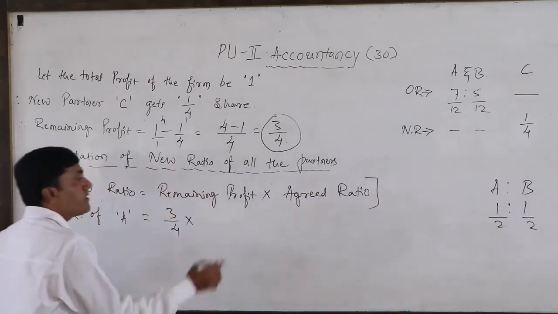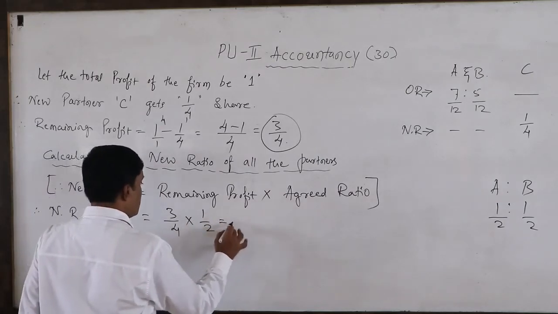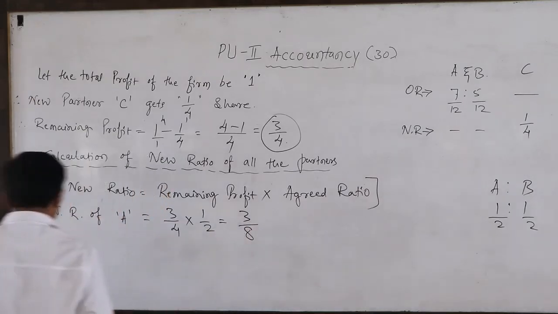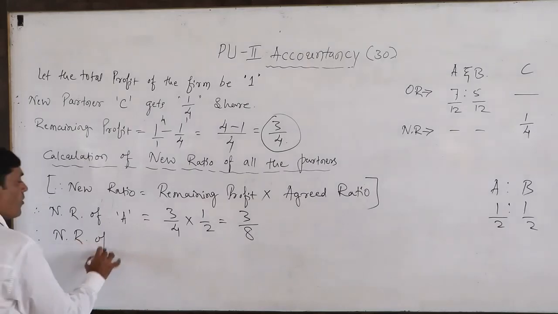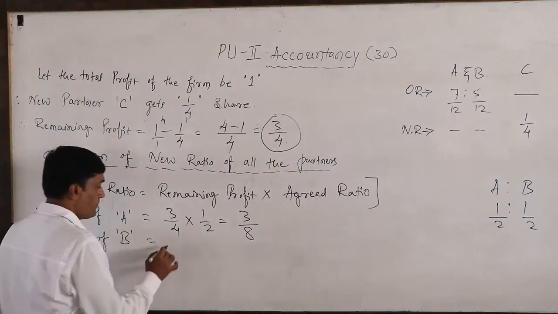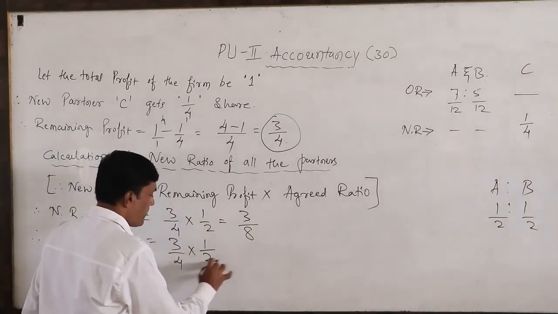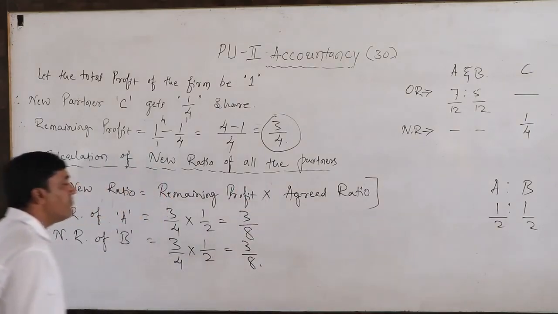Right? Here their agreed ratio is 1/2. So it is 3 1s are 3 divided by 4 2s are 8. Same. The new ratio of B is equal to remaining profit 3/4, the agreed ratio 1/2, is equal to 3/8 is the new ratio of B.